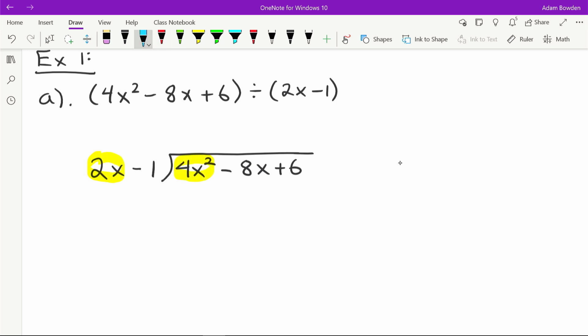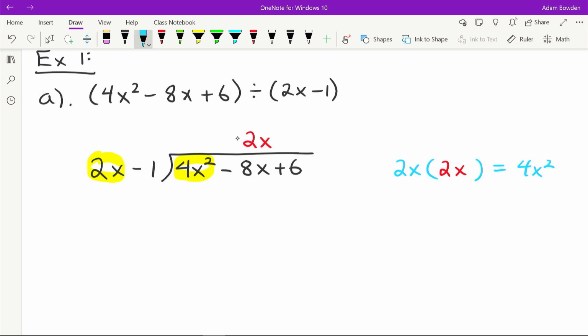We ask ourselves, 2x times something to get 4x squared. So what do we have to multiply 2x times blank to get 4x squared? That would be 2x. So we write 2x up here in our quotient.